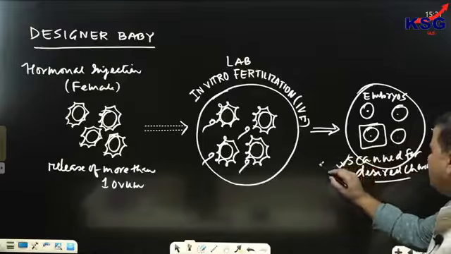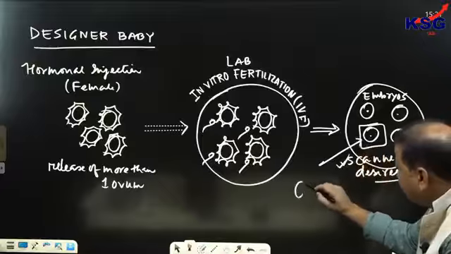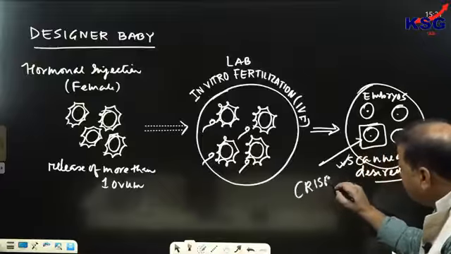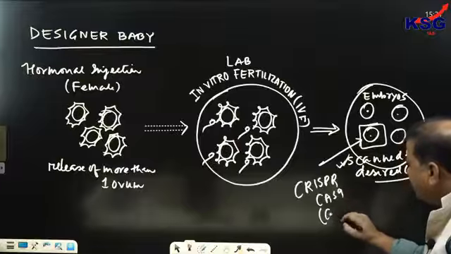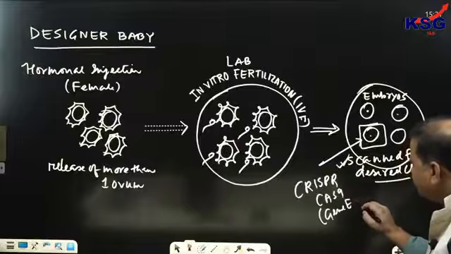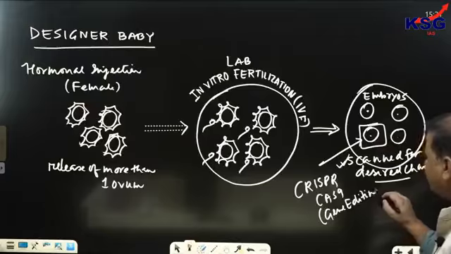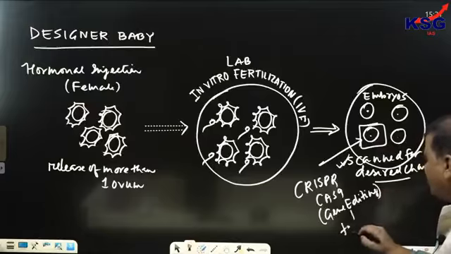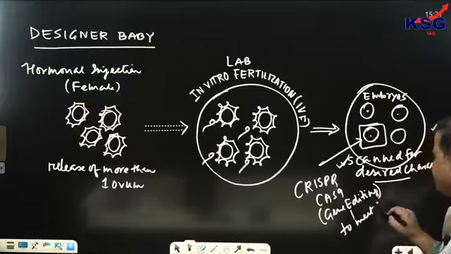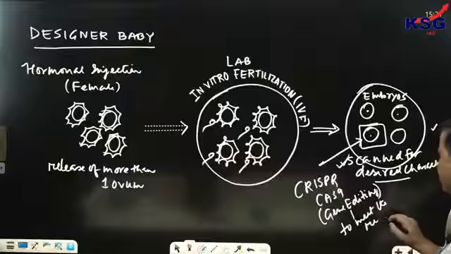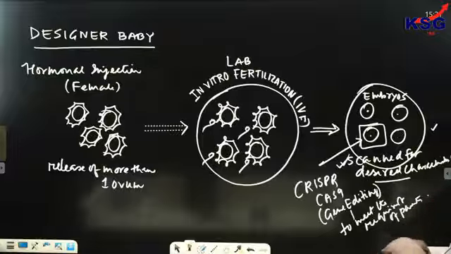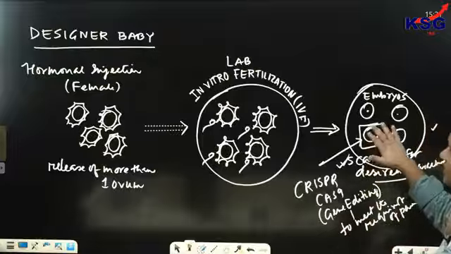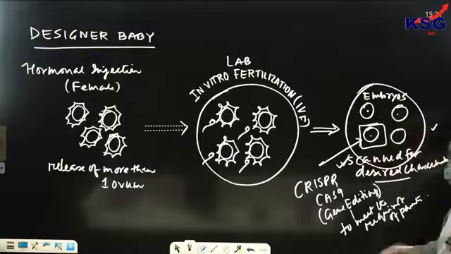So we would be using CRISPR-Cas9 technology for gene editing of this embryo to meet the requirement of parents, so that exactly those characteristics are present in this embryo as wished by the parent.